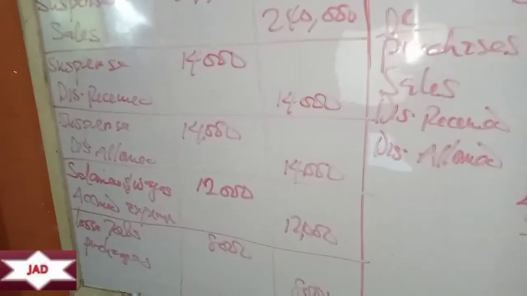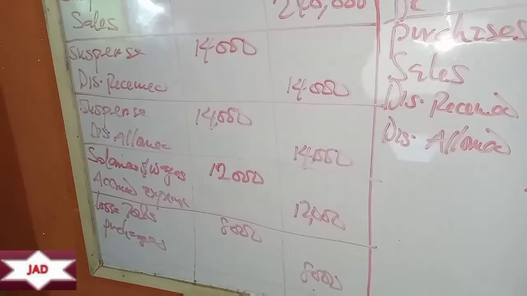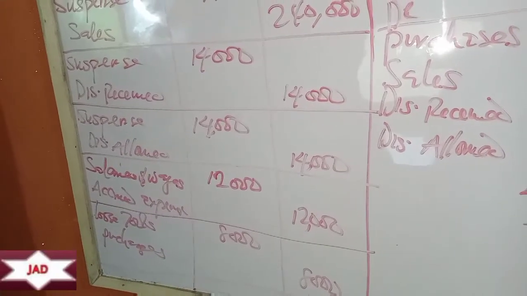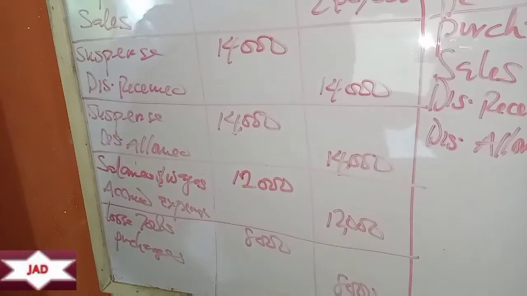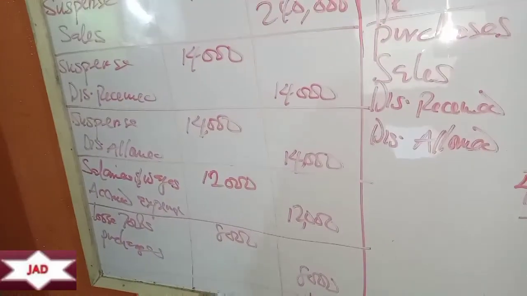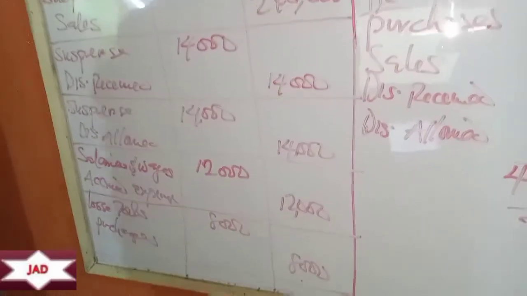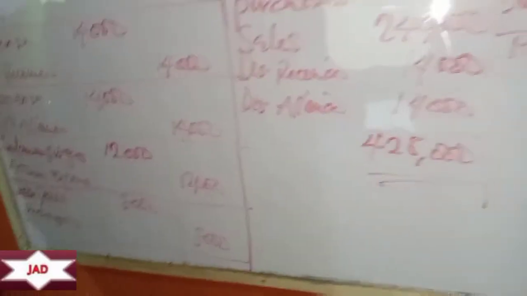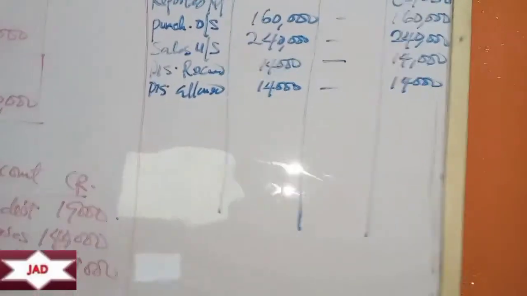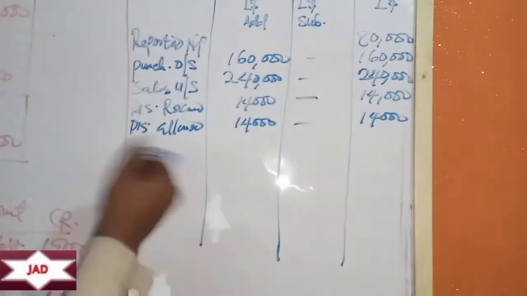What's the next one there? They said loose tools bought for $8,000 has been debited to purchase account. You see? An account that is meant for tools, you took it to purchase account. So if you put it in purchase, that means you have overstated the purchase account, right? So if you overstate purchases, it means you overstate costs, and that would understate profit. So what do you correct by? Adding.